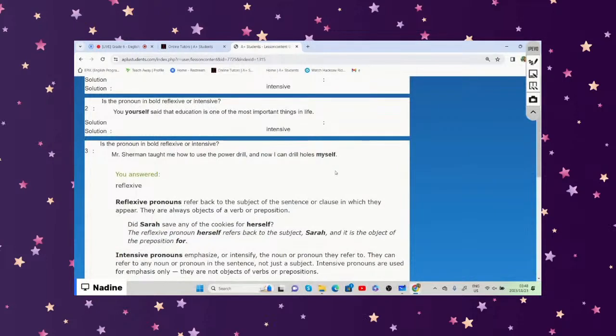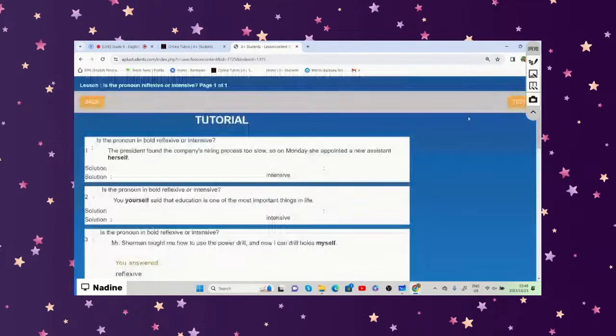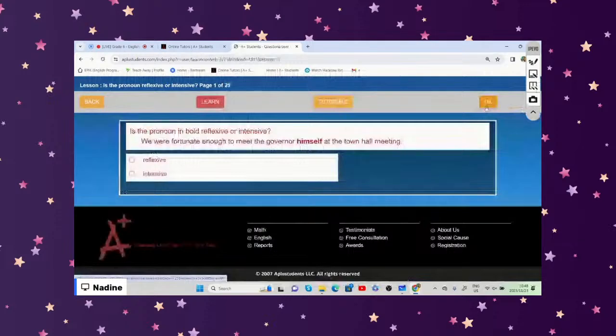So let us quickly do a test and at least do one or two, just to see that we can identify between reflexive and intensive pronouns. We need to see if this is either reflexive or intensive. We were fortunate enough to meet the governor himself at the town hall meeting. Is that a reflexive pronoun, or is that an intensive pronoun? It's emphasizing that we met the governor.